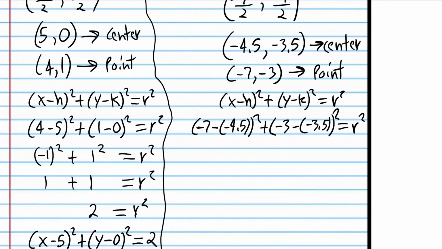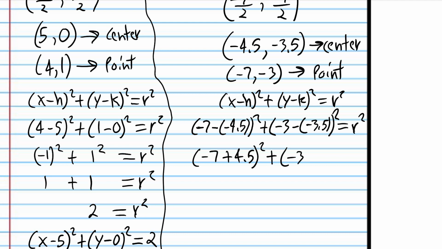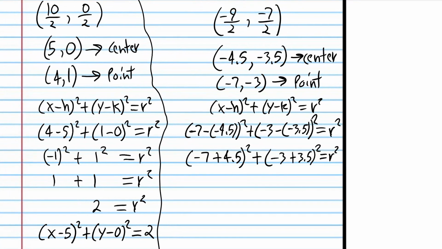And you can use your calculator if you need to, but these calculations are fairly easy, so that shouldn't be necessary. Double negatives become positive. And negative 7 plus 4.5 is negative 2.5. And negative 3 plus 3.5 is 0.5.